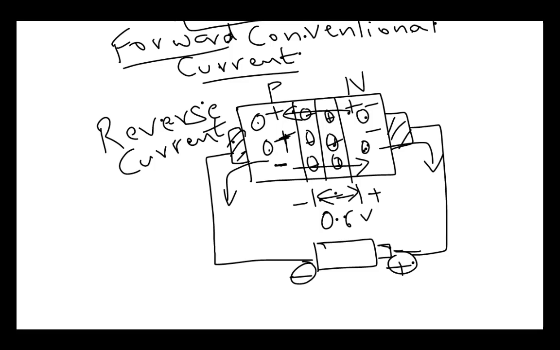As minority charge carriers are small in number, the reverse current is very small compared to forward current, which is due to majority carriers. For a given temperature, and with reverse voltage, this is the reverse voltage.